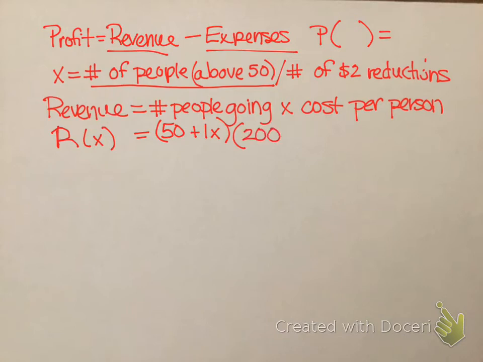Isn't that 200 minus 2 times the number of $2 reductions? So this is a gain of one person for every one person above 50, and this is the $2 reductions.